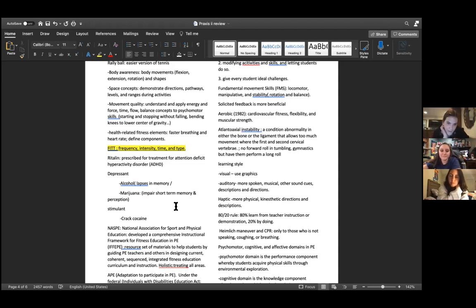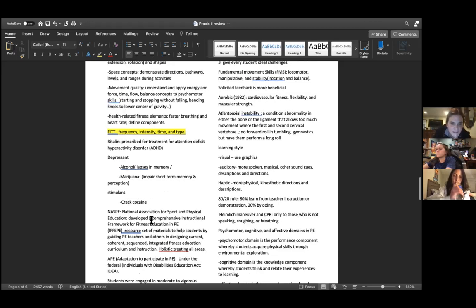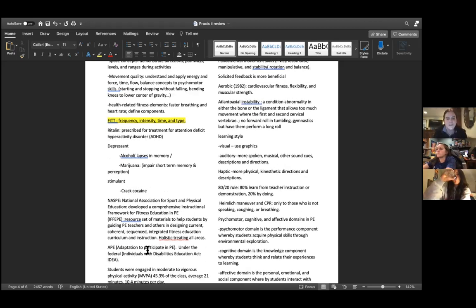Ritalin, prescribed for treatment of attention deficit hyperactivity disorder, ADHD. Depressant: alcohol, lapses in memory. Marijuana impairs short-term memory and perception. Stimulant: crack cocaine. NASPE, National Association for Sport and Physical Education, developed a comprehensive instructional framework for fitness education in PE.